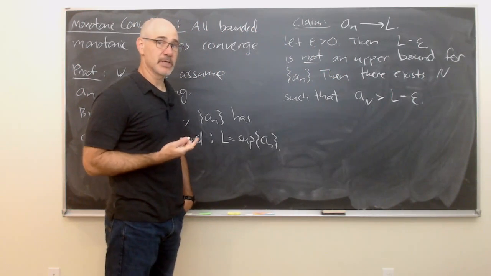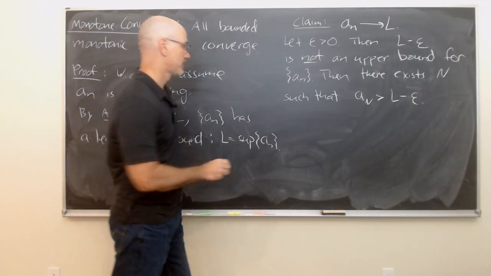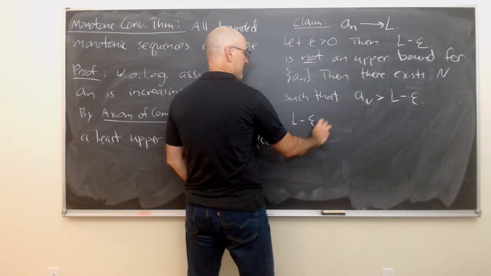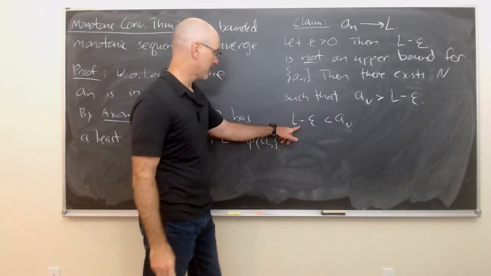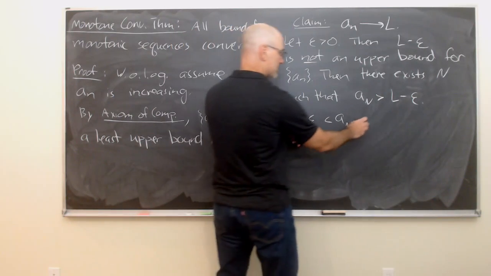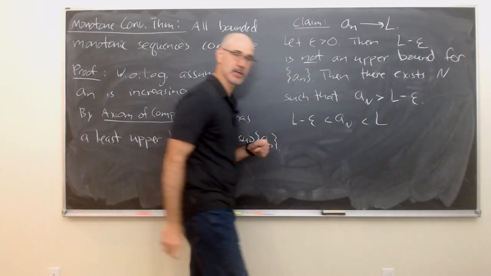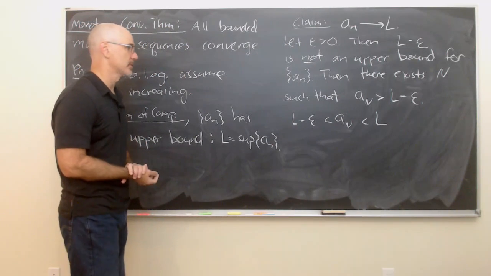Now we can say a little bit more than that, because not only do we know that a sub capital N is bigger than L minus epsilon, it's also still smaller than L, because L is an upper bound for the sequence.